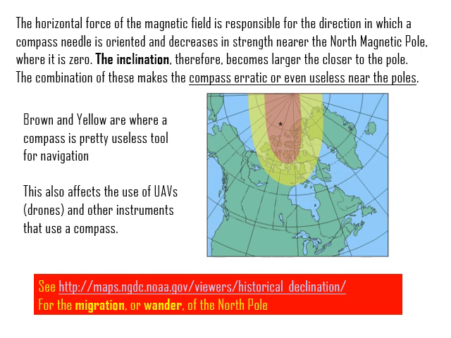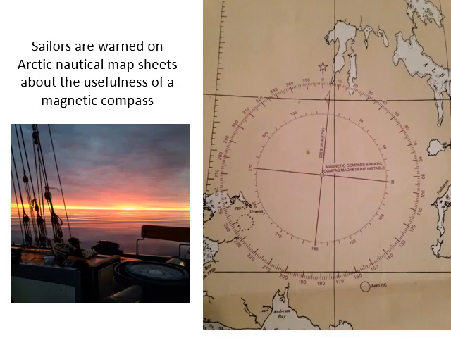With that migration or the wander, you also have these zones where the compass is useless or unreliable, changing geographically over time. Before the wide use of GPSs and electronic navigation systems on board of ships, ships were reliant on using the compass.